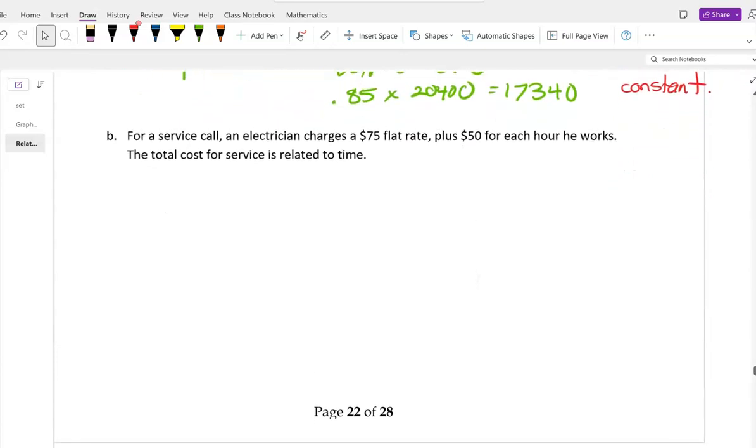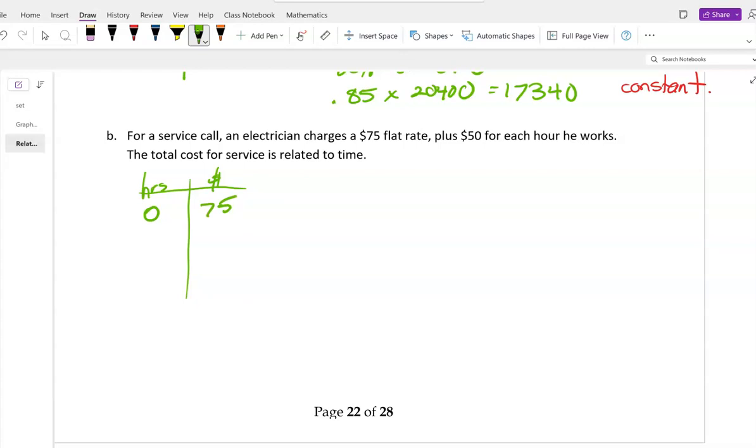Let's try this one. Again, let's set up a table. We're going to relate the cost to hours of the service. If you read this question, it says you call an electrician who charges $75 plus $50 for each hour he works. This may seem weird, but if he hasn't worked, he's going to charge $75. That's kind of like a house call.